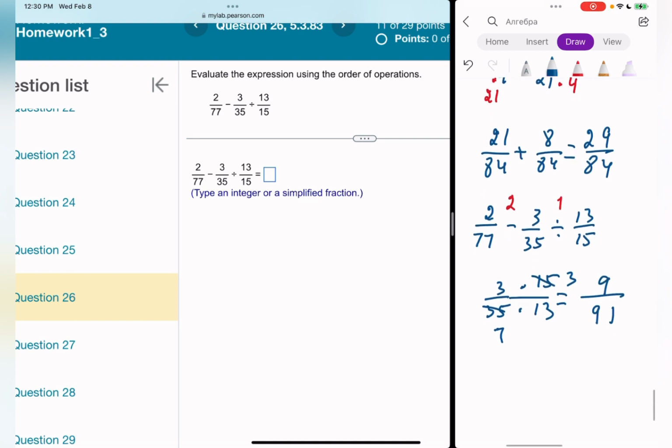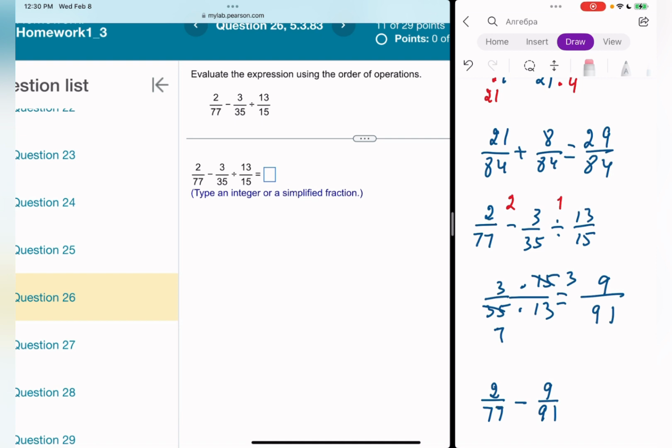So next, 2 over 77 minus 9 over 91. Good luck with finding a common denominator with this one. Well, let's see. 91 times 2 is going to be 182.